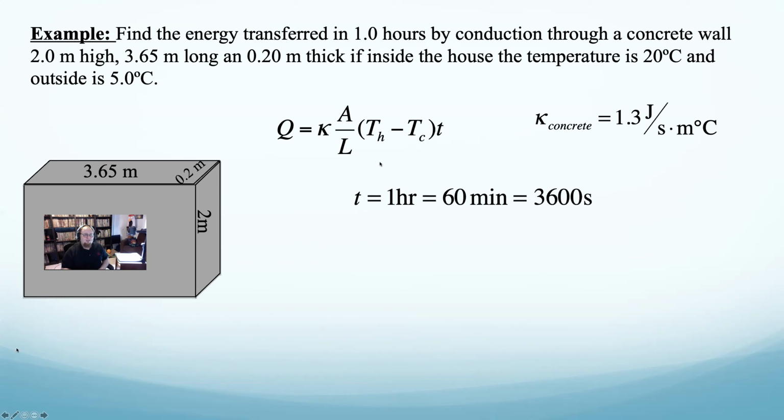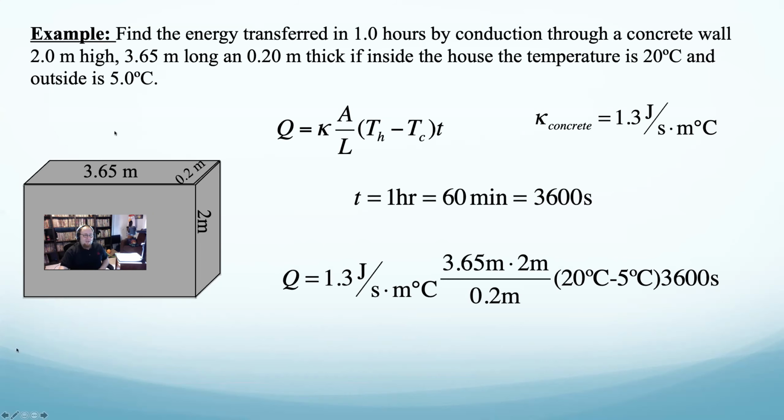Therefore, the heat loss will be kappa times the area. Now, the area is going to be this area right here. That's the area of the wall. So it's going to be 3.65 times 2 meters. I'm going to divide that by the thickness, but the thickness is this length right there. And then T hot minus T cold times 3,600.